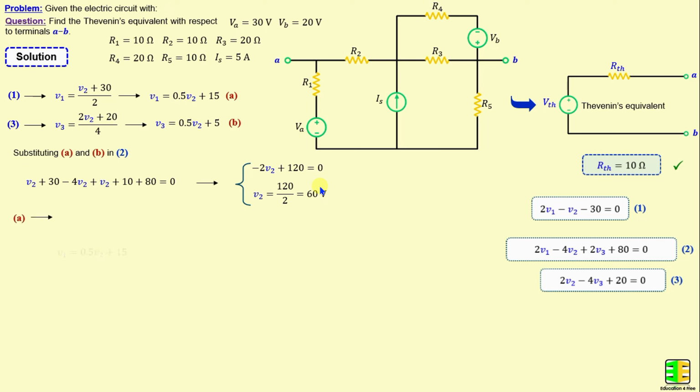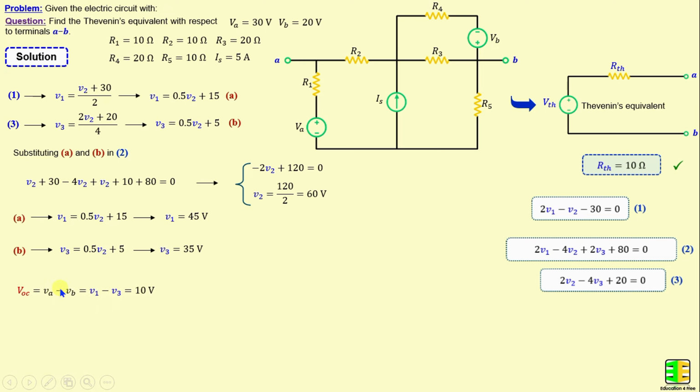And from equation A, we have V1 is equal to 0.5 V2 plus 15. If we replace V2 with its numerical value, we obtain V1 is equal to 45 volts. And from equation B, we have V3 is equal to 0.5 V2 plus 5. If we replace V2 here, we get V3 is equal to 35 volts.